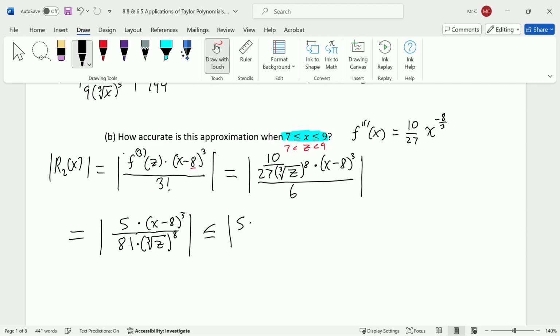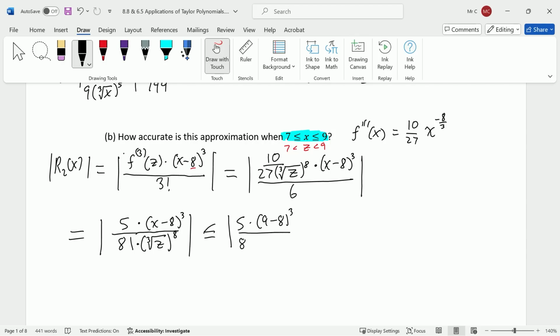So first, I know that x minus 8 cubed takes its largest value when x is 9 on this interval, right? It increases the bigger x is. So this is going to be at 9 minus 8 cubed. So anything else except for x being 9, it's going to be smaller, right?